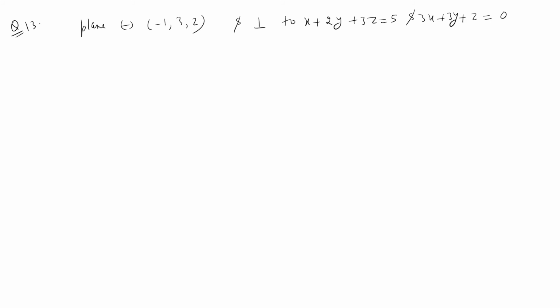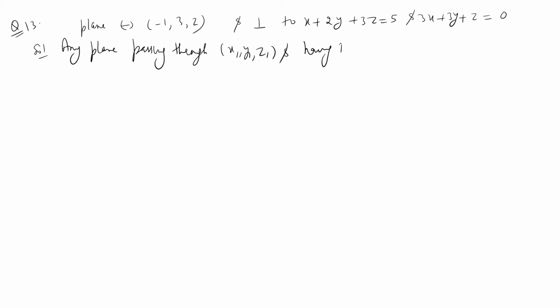First of all, let's remember that any plane which is passing through (x1, y1, z1) and having direction ratios a, b, c, the point form of the plane is given by a into (x minus x1) plus b into (y minus y1) plus c into (z minus z1) equal to 0.